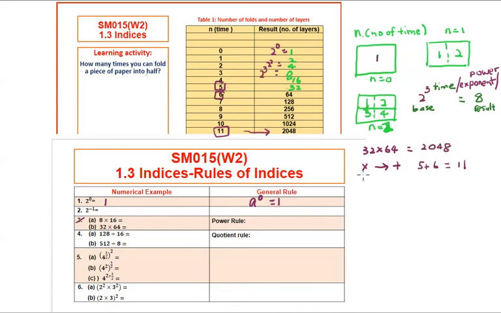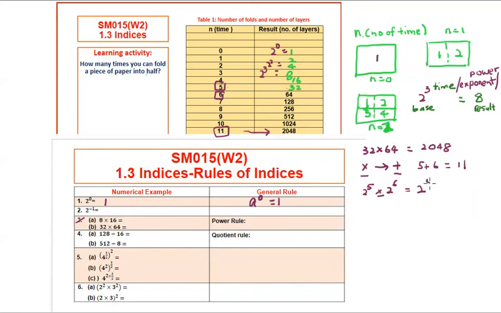So instead of doing multiplication, we do addition. How we write this in indices is like this. 32 is 2 power 5. 64 is 2 power 6. Multiplication is addition in indices.